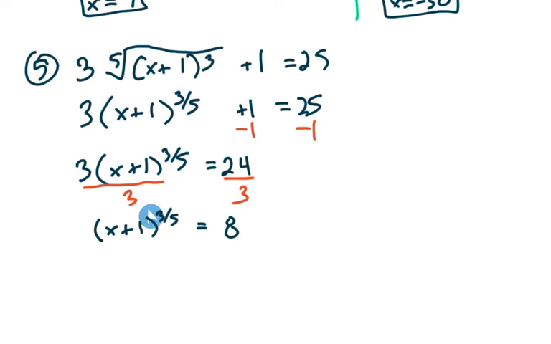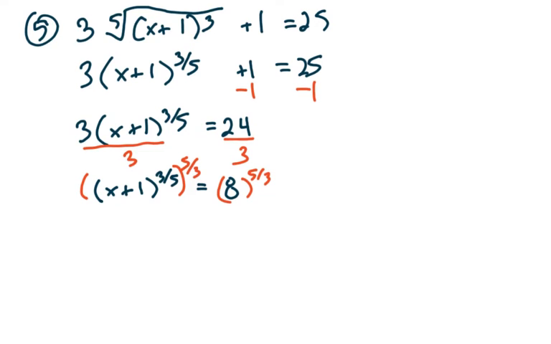And now to get rid of the raised to the 3/5 power, we're going to raise each side to the reciprocal power. So this is to the 5/3. So I'm going to raise each side to the 5/3 power. So 3/5 times 5/3 cancels out. So we just end up with x plus 1.